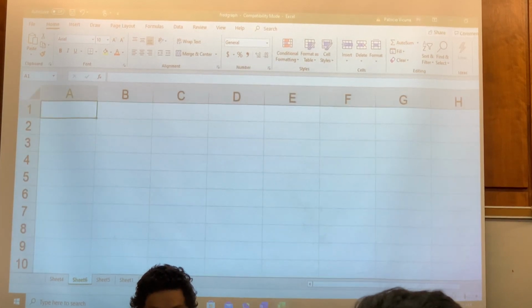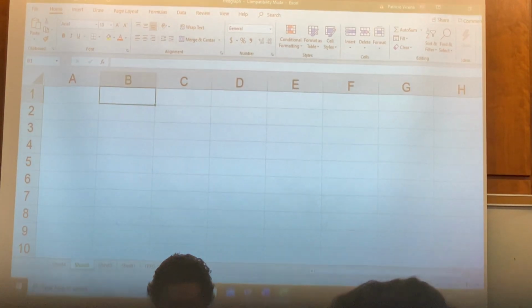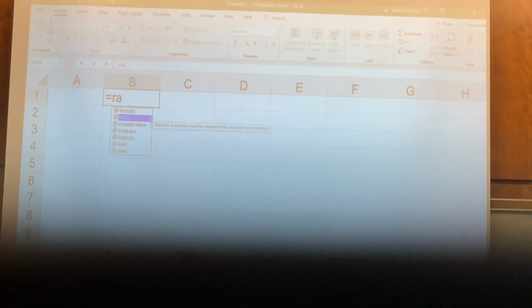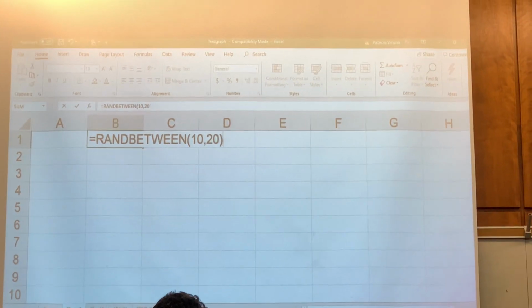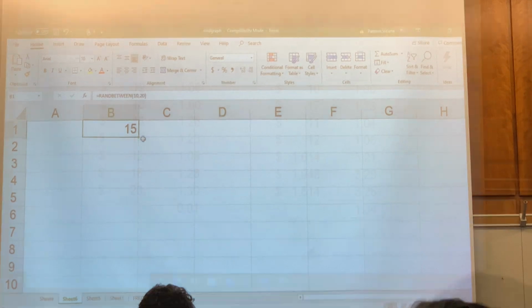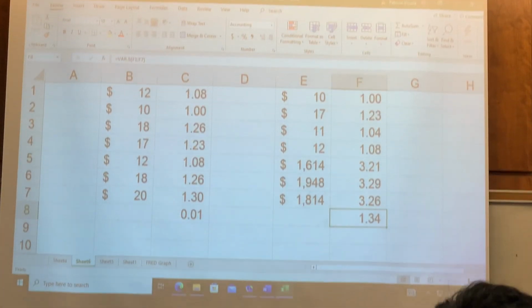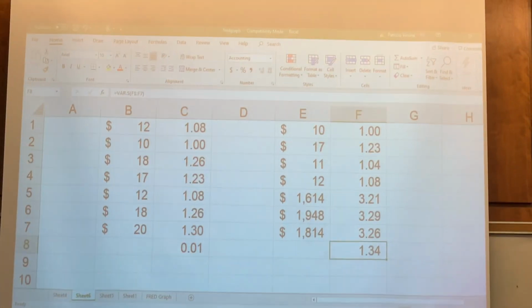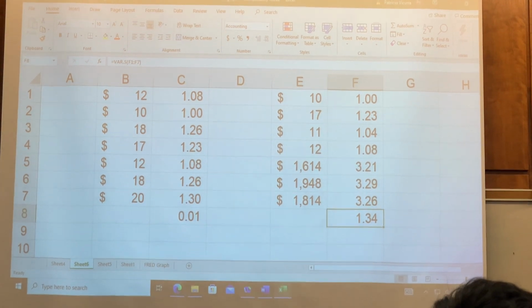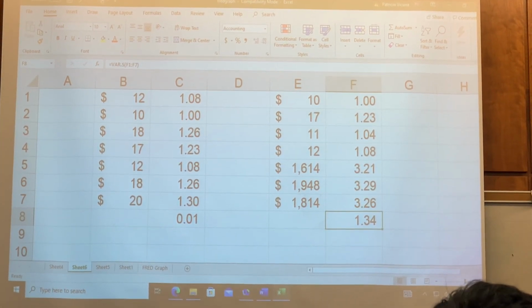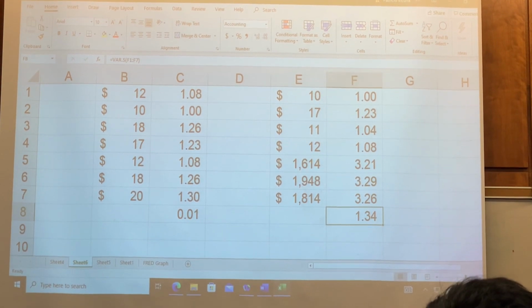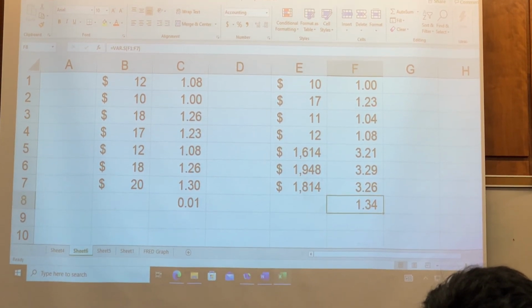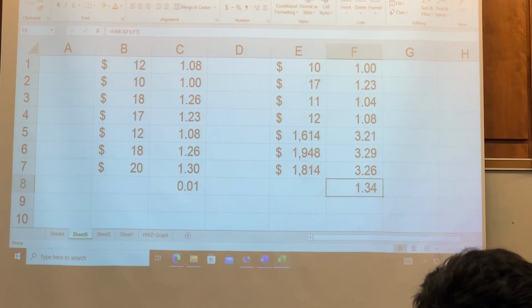Look at this. If you have, let's say, random numbers between 10 and 20, we have the salary per hour. Do you think that in those salaries there is inequality?